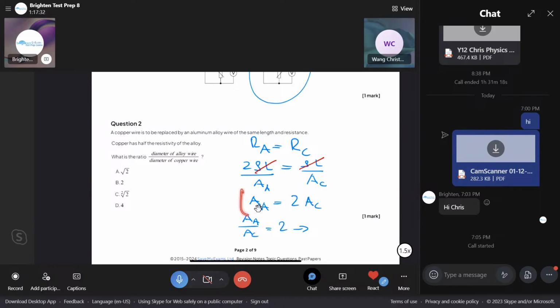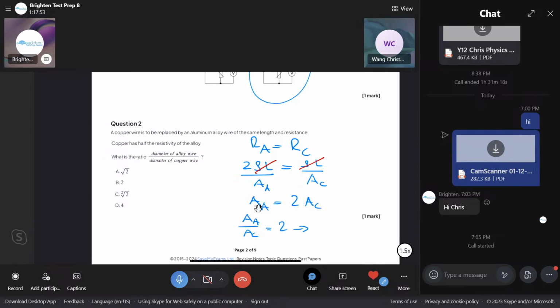In other words, the area of copper has to be double the area of alloy for the same result. Same length, same resistance. That's what we said.